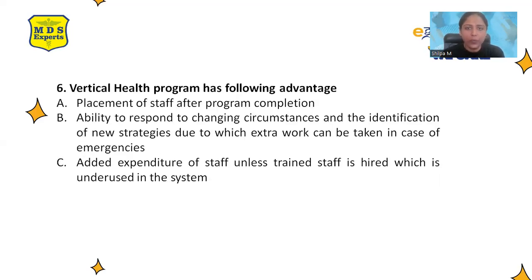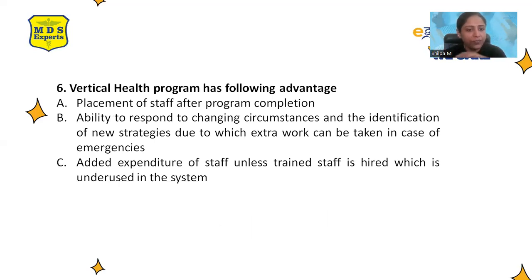Now we come to the next question from healthcare delivery. Vertical health program. So this is not very frequently seen in our standard textbooks. So you need to know a little extra now for your INICET. So vertical health programs are the programs which are used mostly for high priority diseases for better delivery of care.